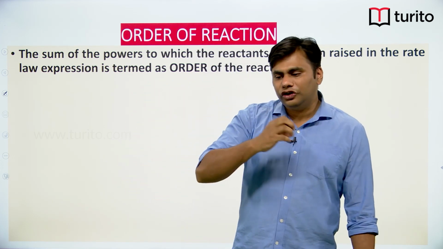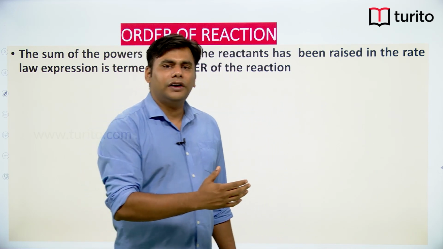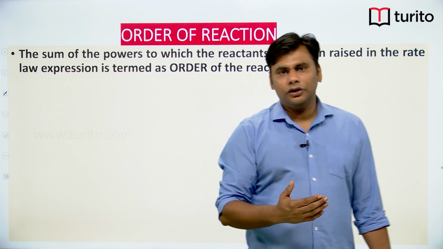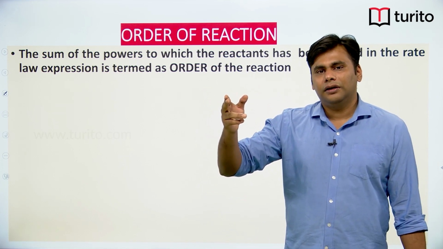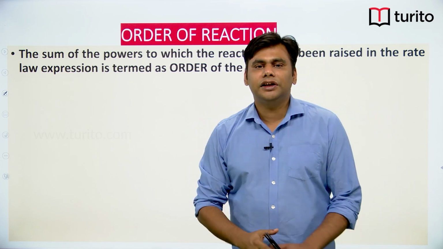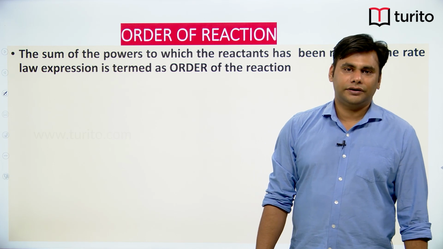So on changing the concentration, the rate of the reaction would also change. The factor by which the rate of the reaction changes on changing the concentration of the reactant is generally the order of the reaction.